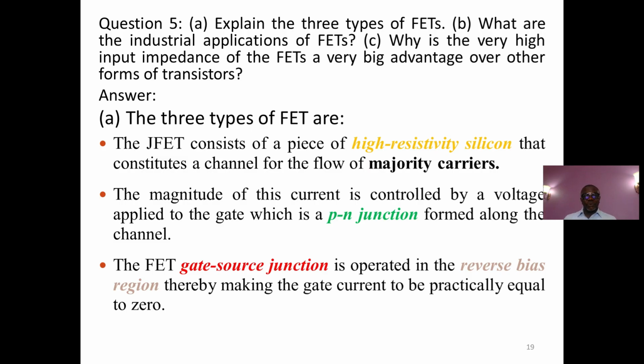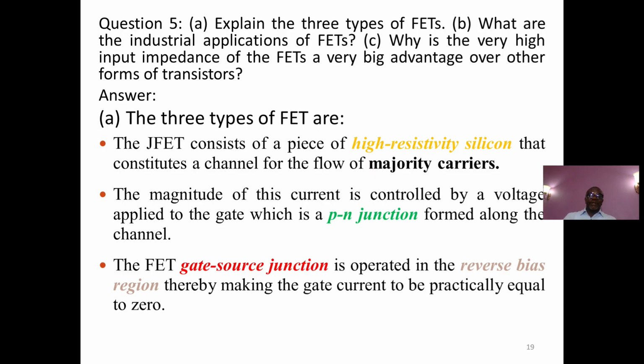Now, the first one, which is the junction field effect transistor, consists of a piece of high resistivity silicon that constitutes a channel for the flow of majority carriers. We have mentioned these majority carriers earlier, so we're not delving into explaining it further here.